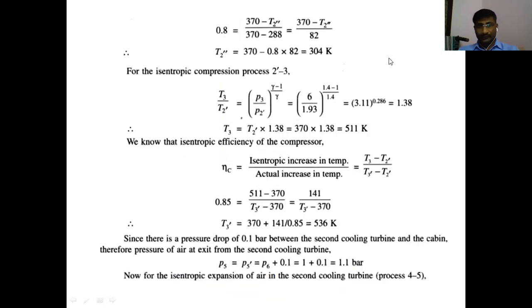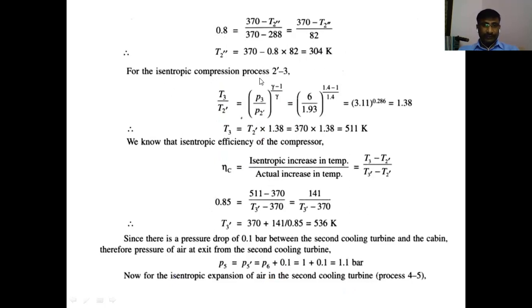So upon substitution of all the parameters, we will get T2 double dash as 304 kelvins. The air at this temperature is utilized as a cooling medium in the first heat exchanger.